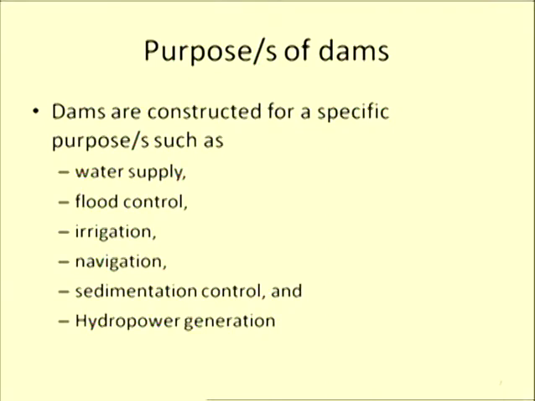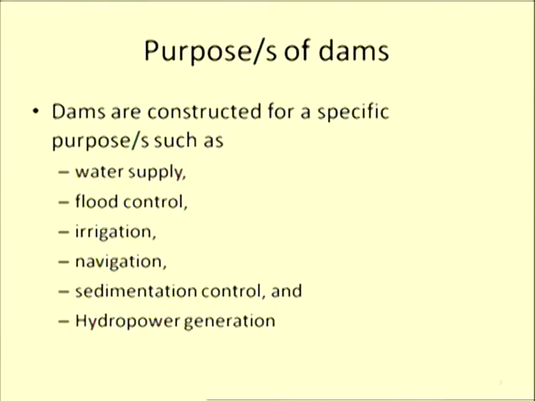Let's see the next objective. We have seen water supply, flood control, irrigation. Next is navigation. Navigation is mostly the movement of ships to carry cargo, to carry goods through these channels.